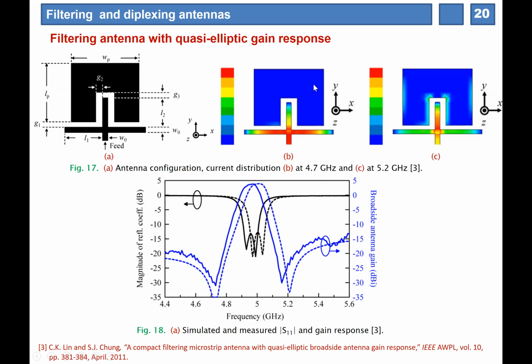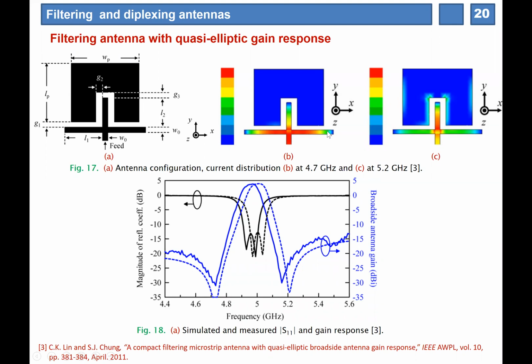Now you can see the antenna is not connected to this feeding line, but instead of direct coupling, the design is based on some coupling that is not direct, but there will be some electric coupling between the feed line and the patch antenna. So when we feed at this point, what is happening?